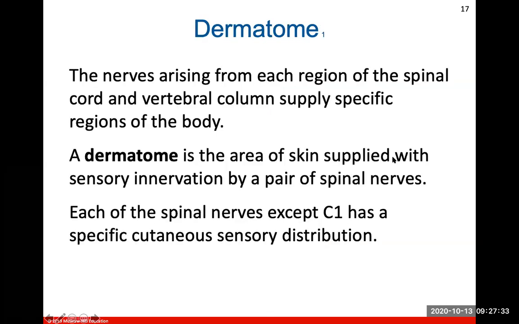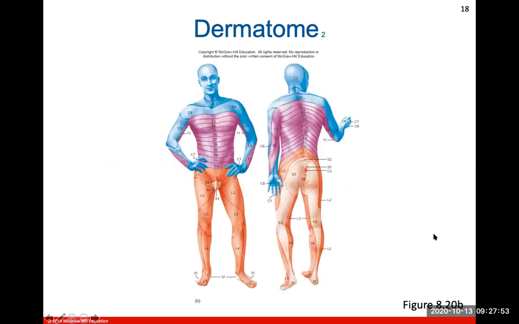A dermatome is the area of skin supplied with sensory innervation by a pair of spinal nerves. The nerves arising from each region of the spinal cord and vertebral column supply specific regions of the body, and each of the spinal nerves except C1 has a specific cutaneous sensory distribution. We can use the dermatomes to illustrate where on the body the sensory information is coming from.